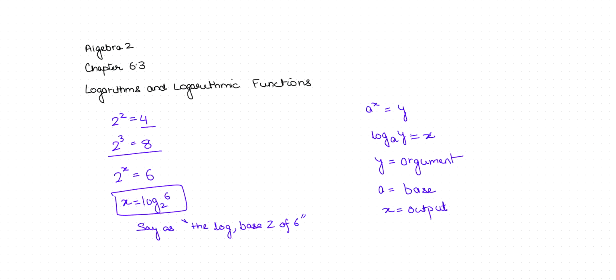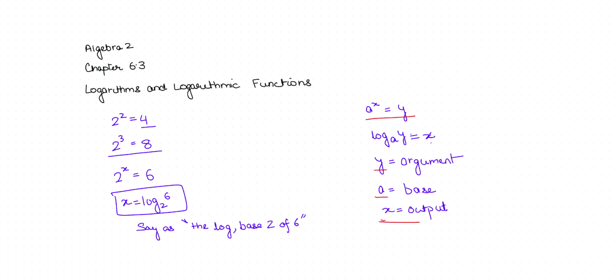So if a raised to power x is equal to y, this is an exponential form, and if we have to change it into log form, it will be log base a of y is equal to x. So y here would be the argument, a would be the base, and x here is the output.